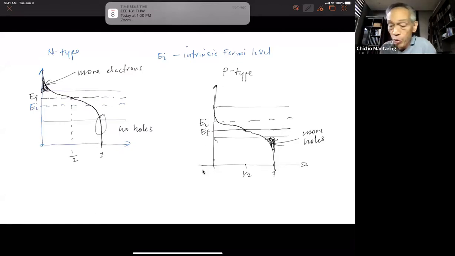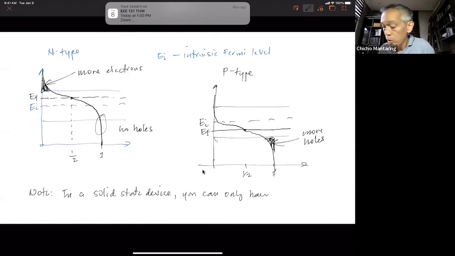Now, just a note, in a solid state device, you can only have one value of EF.